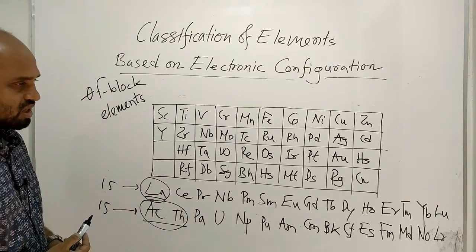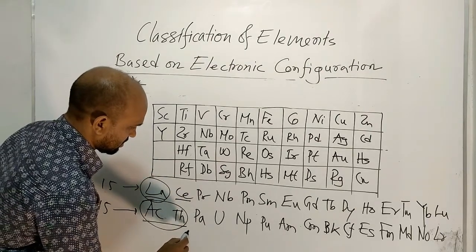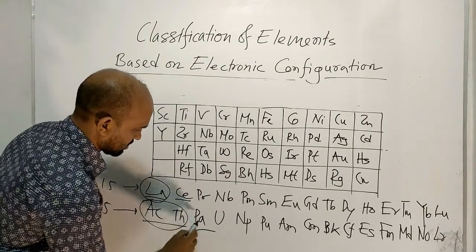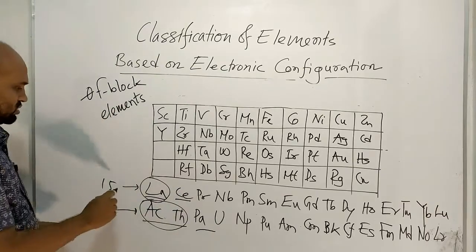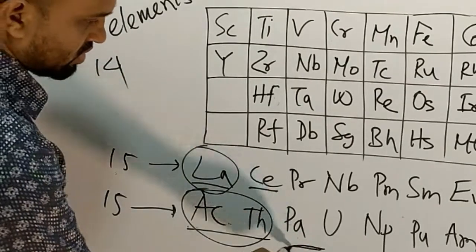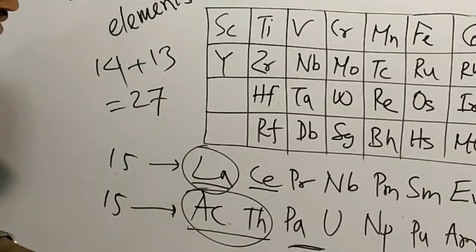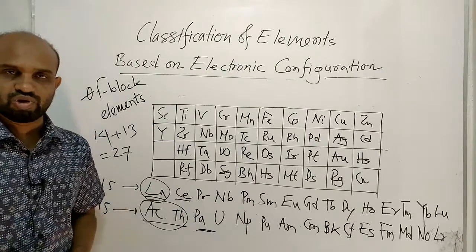So the other elements, here 13 and here 14 and here 13. So from the lanthanide series 14 and from the actinide series 13. Total 27 elements are F block elements.